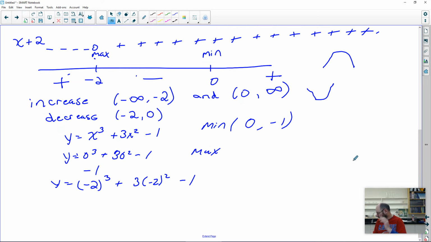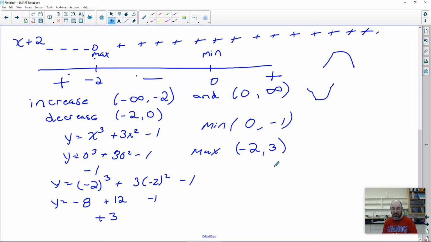Okay, so when we do that one, we got negative 8 here, and we've got 4 here times 3, that's 12, and minus 1. So this is going to give us 4 plus 3. So our max is at negative 2, 3. And you can tell because this is lower than that in terms of the y. So that would be your min and max.